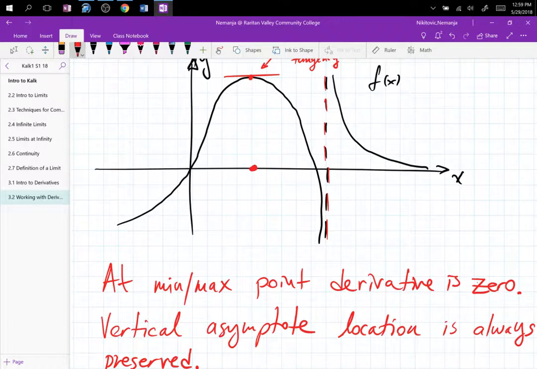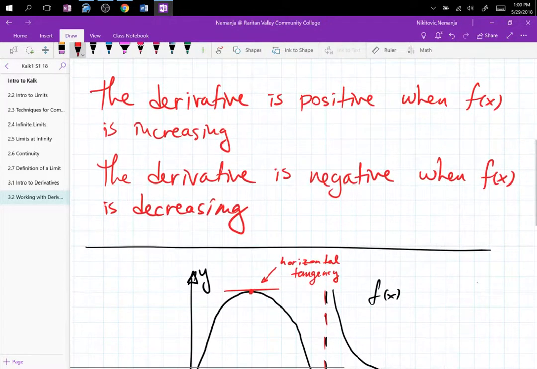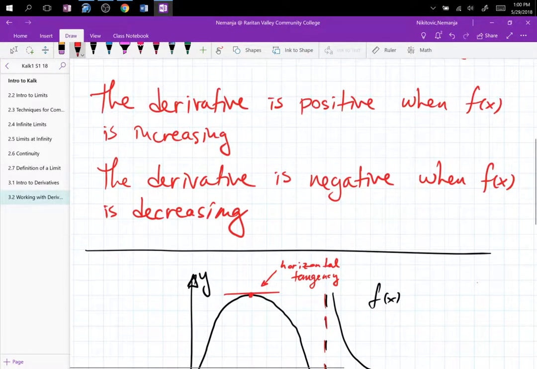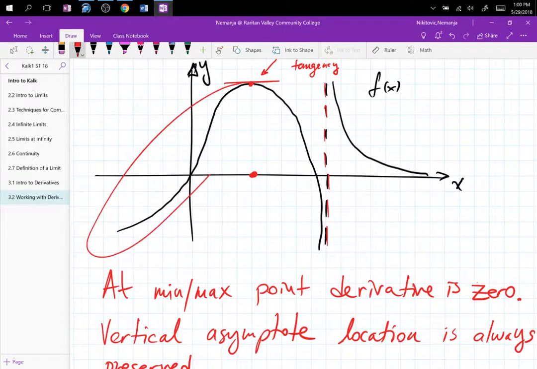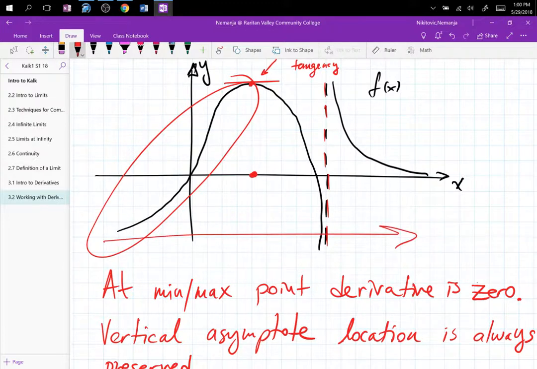What have I learned from before? The derivative is positive when f of x is increasing. Bueno. This part of the function is increasing. We are walking up the hill, right? You read towards the right, and you will see that if you are here, you would be walking up the hill.